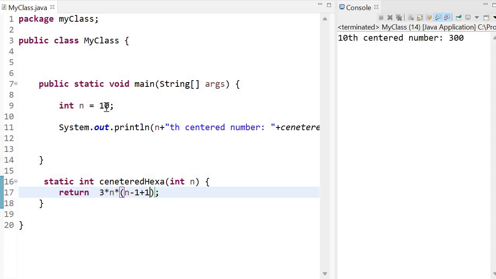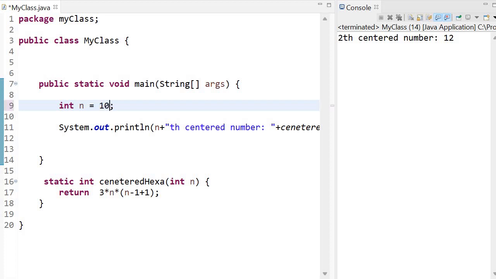Again, let me just check it again. 3 into n into n minus 1, oh, I have done it wrongly, plus 1.